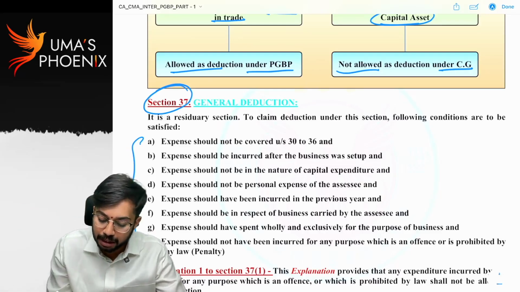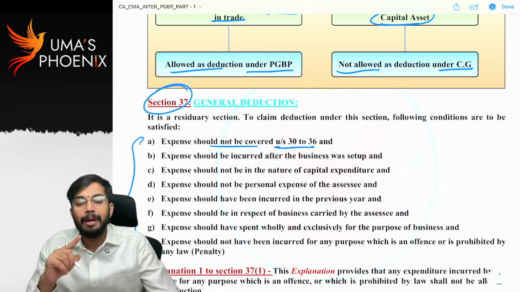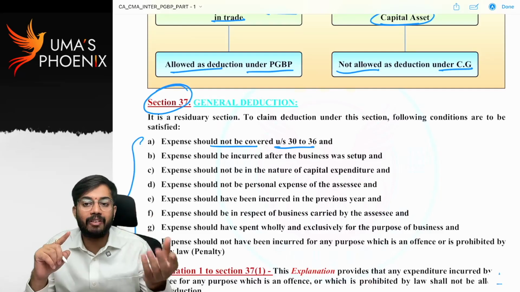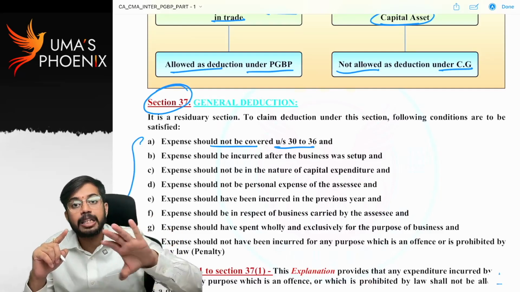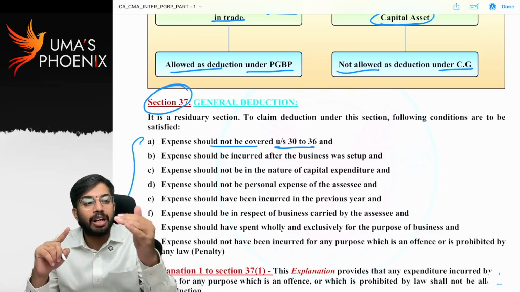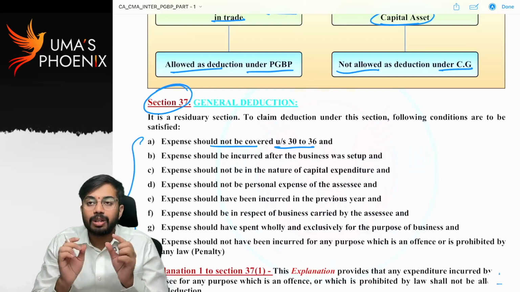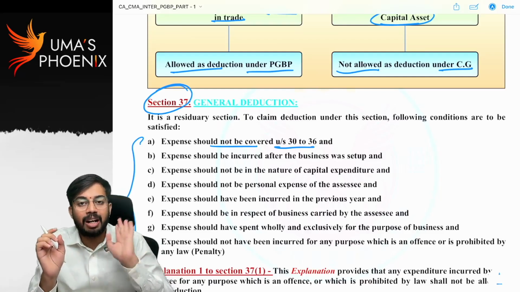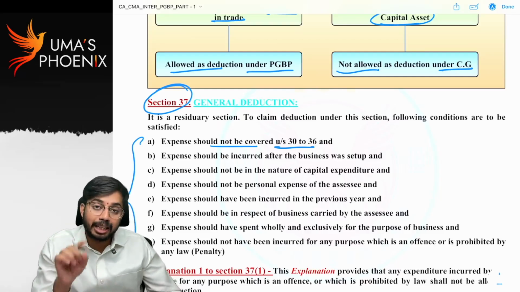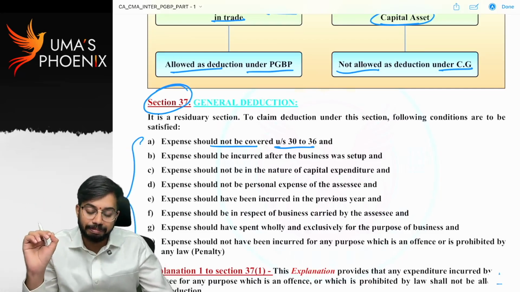First, expenditure should not be covered under section 30 to 36. Why? Because if any expenditure is already covered under section 30 to 36, special provisions are there as per those sections. Then as per those sections, whatever the rules are there, as per those rules, expenditure is allowed. So if any expenditure is already covered under section 30 to 36, such expenditure is not allowed as deduction under section 37.